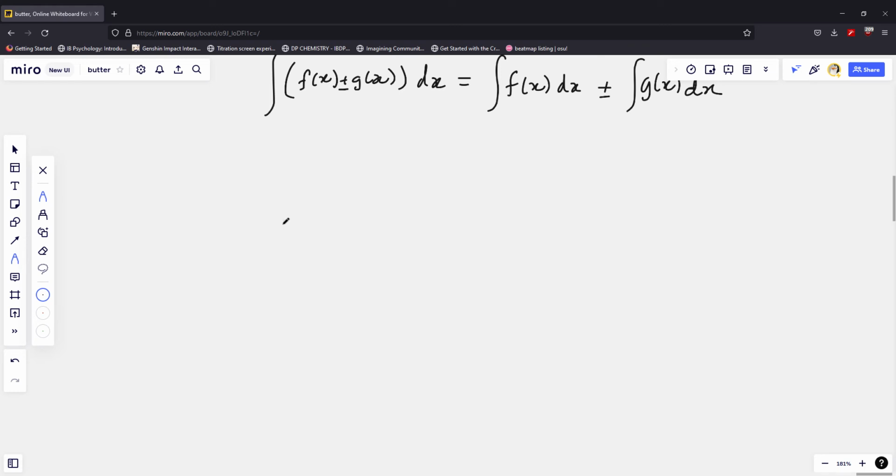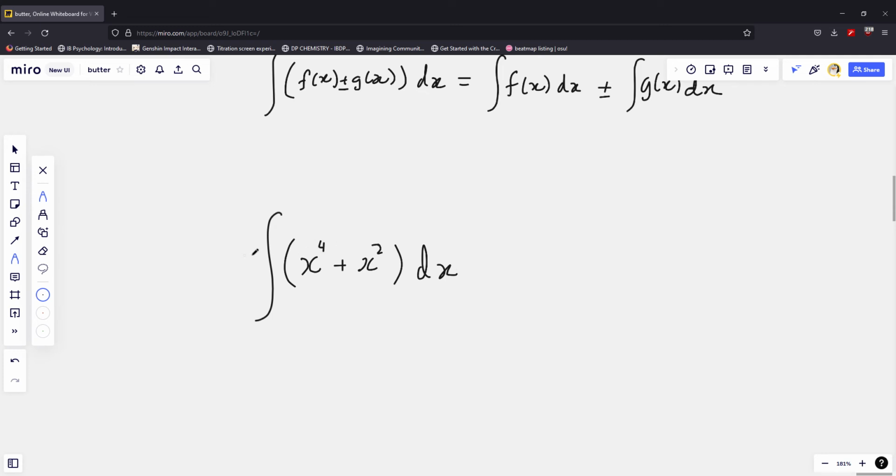Let me give you an example. What if I wanted to take the derivative, sorry, not the derivative, the integral of this function, x to the power 4 plus x to the power of 2? Let's do that. So how would you go about doing this?